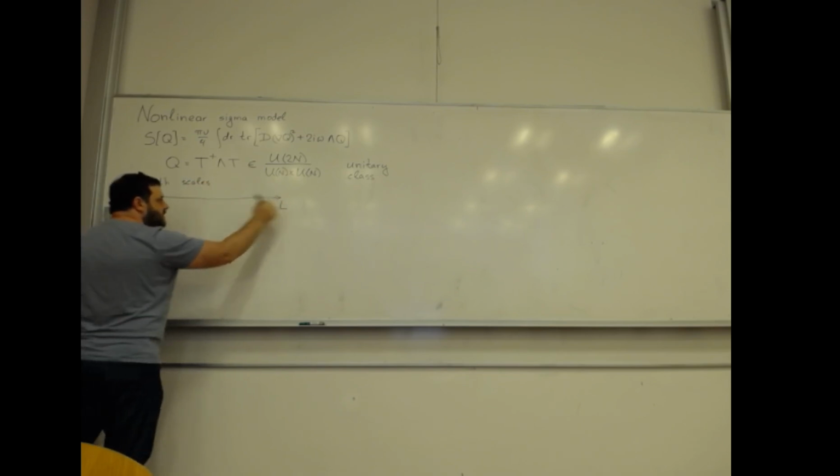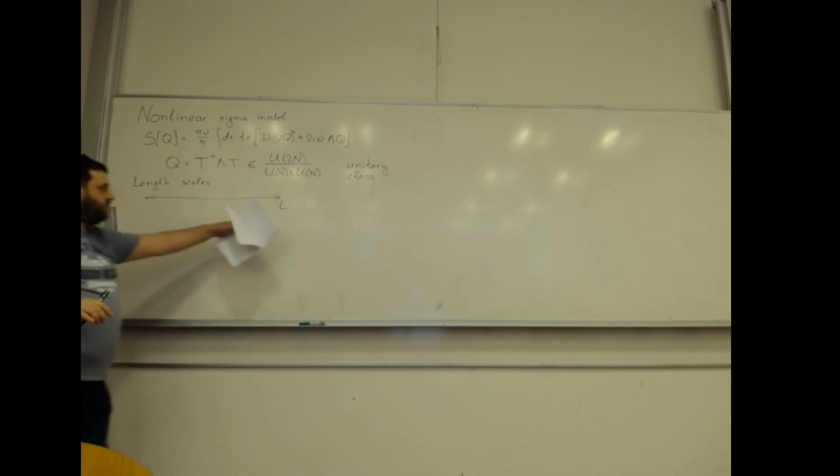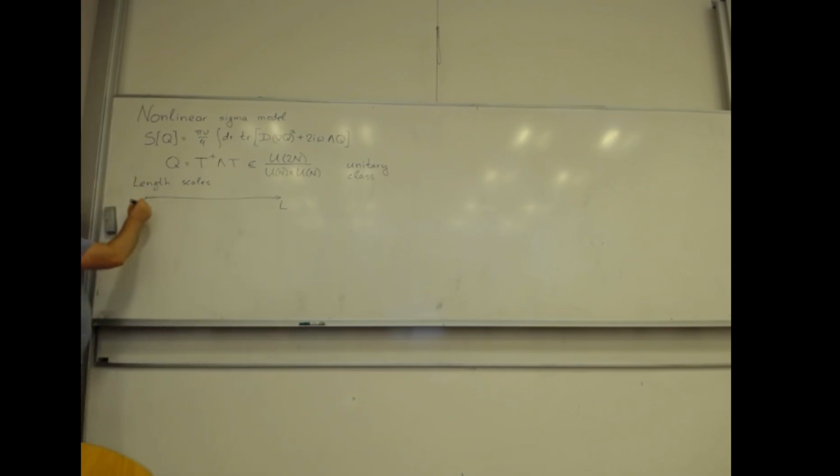This is the axis of length, and there is length 0, which means two points coincide. Then there is a smallest possible length in the metal, which is called the Fermi wavelength. Lambda Fermi is the smallest one. So nothing really happens in this window here.